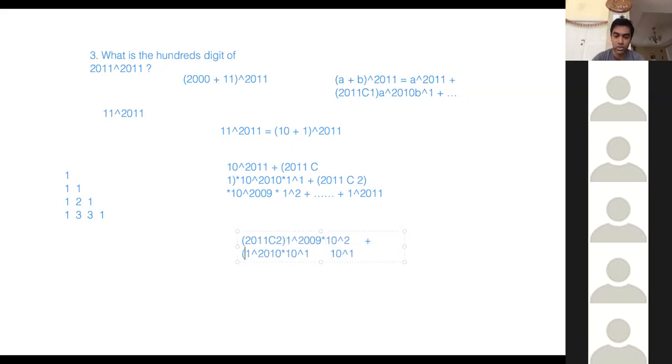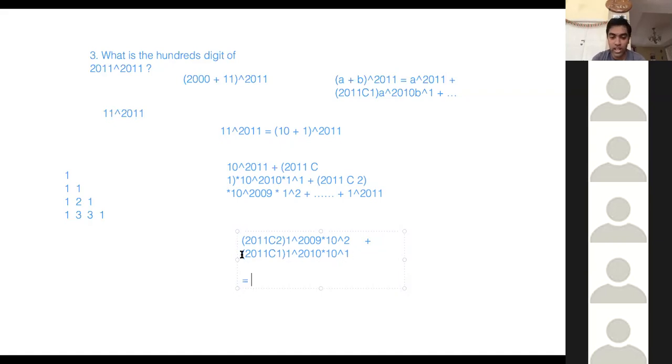Plus 2011 choose 1 times 1 to the power 2010 times 10. Plus 2011 choose 0 times 10 to the 0 times 1 to the 2011. Okay, we already said this 1 to the 2011 doesn't affect it. So it finally just comes down to these two terms.